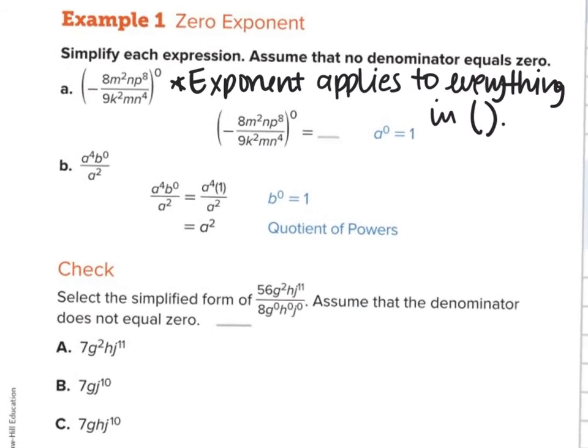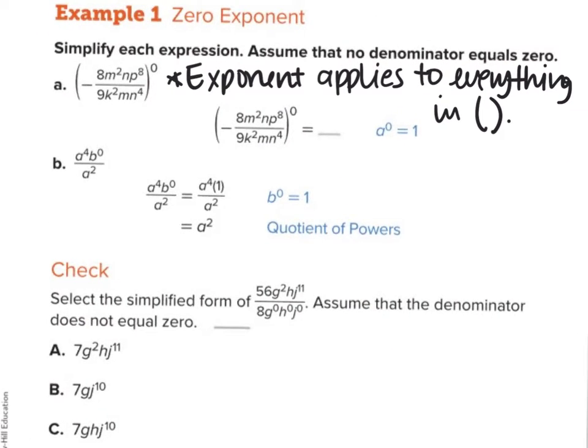So in this case, if it has everything, what does this equal? Anything with a 0 power equals 1. Okay, so this looks really super complicated, right? But if the 0 applies to everything, you can think of it like it cancels it out, makes it 1. Okay?